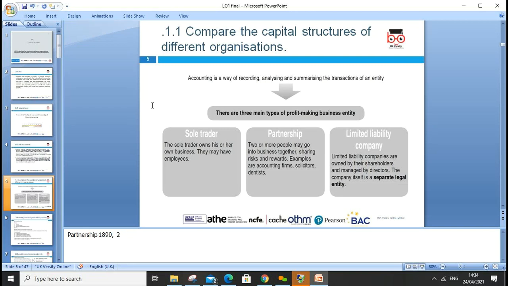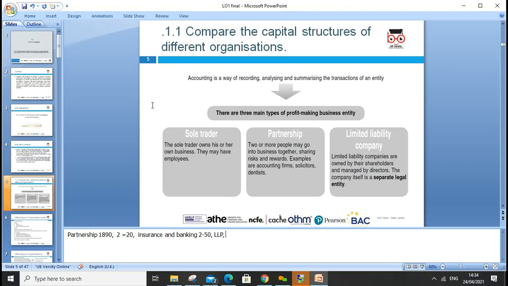Minimum 2, and maximum? Maximum under the Partnership Act is 20. In some countries, if we are doing insurance and banking business, it can be 2 to 50. Otherwise, you can convert into an LLP, limited liability partnership, and then there is no limit.